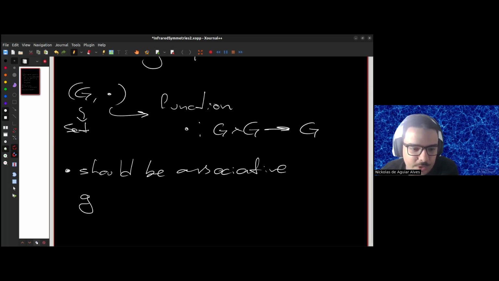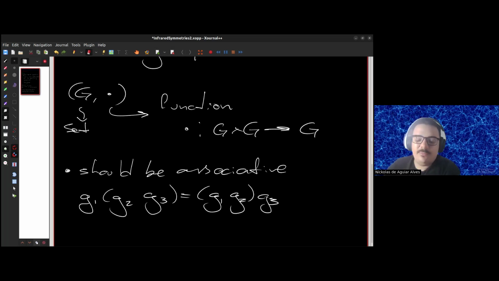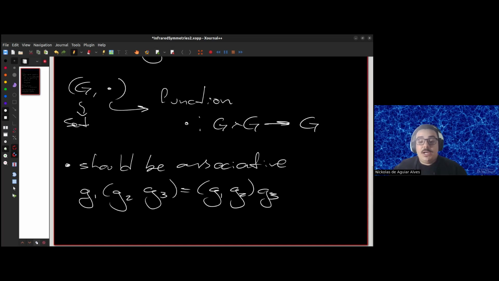Specifically, if we write g1, g2, g3 with parentheses in this way, this is the same thing as changing the order of the parentheses. My physical argument for this condition is that when we're dealing with symmetries, we can just do each transformation step by step: first doing, for example, g3, then g2, then g1, going in this order. This is my physical argument for why we should require associativity.